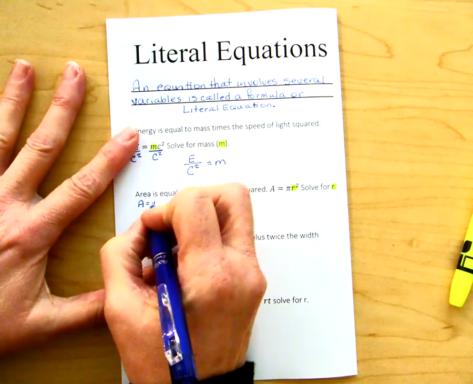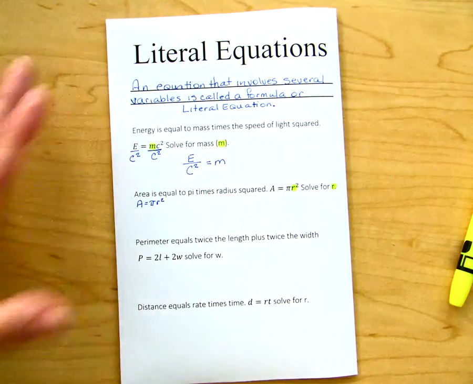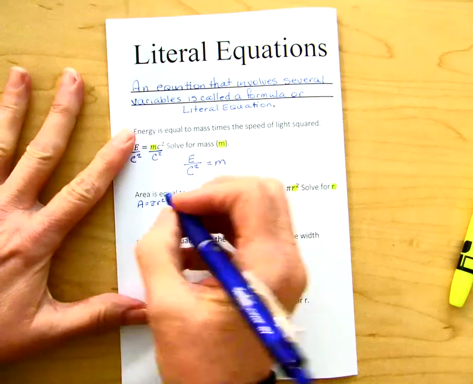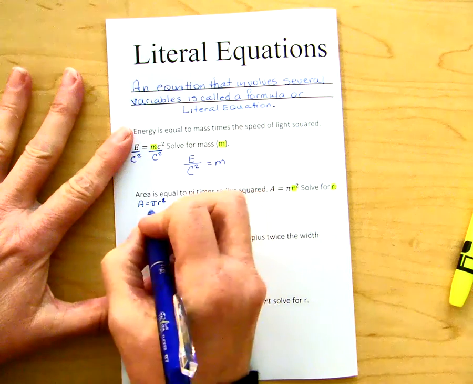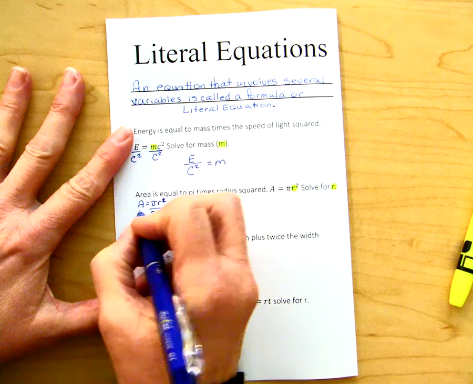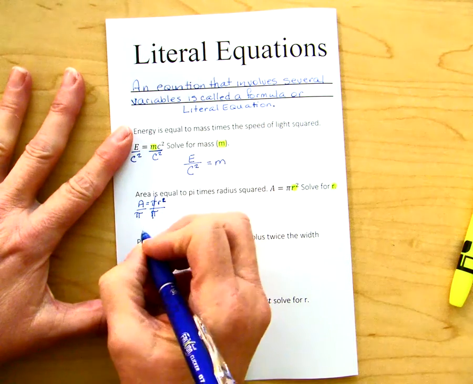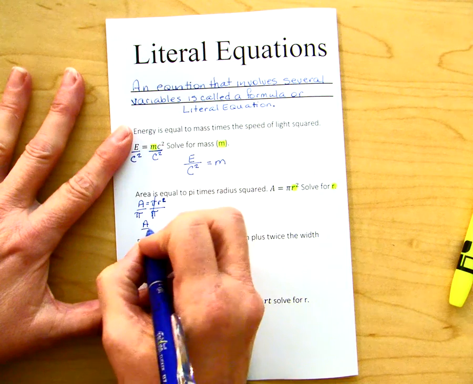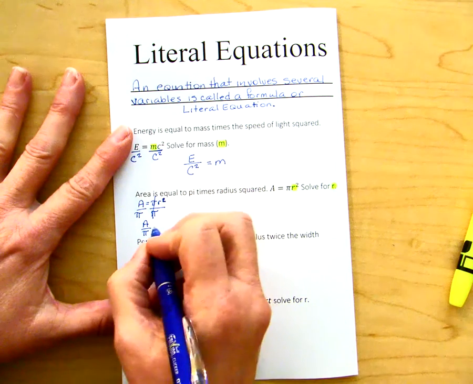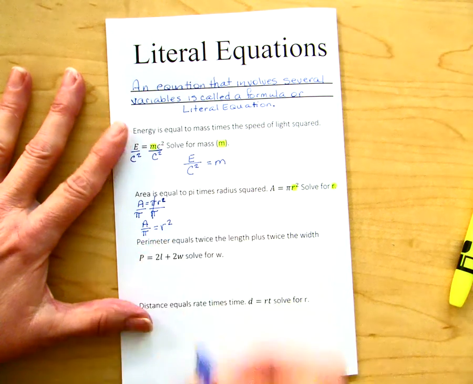A equals pi r squared. R squared is being multiplied by pi, so I'm going to divide both sides of the equation by pi. The pi's cancel out on the right hand side, leaving A over pi, or area over pi, equals r squared.